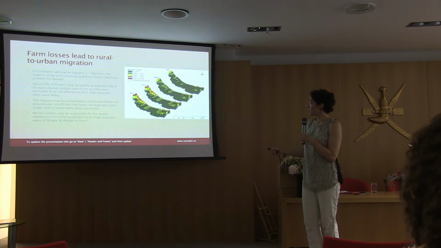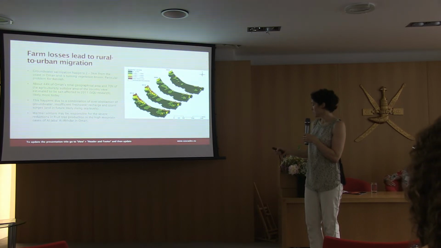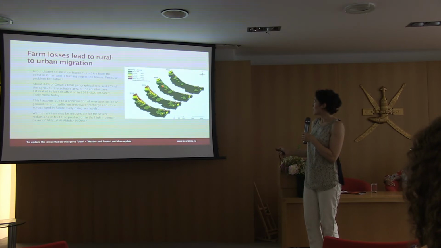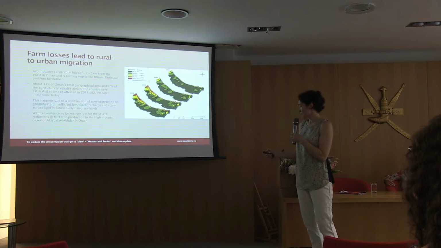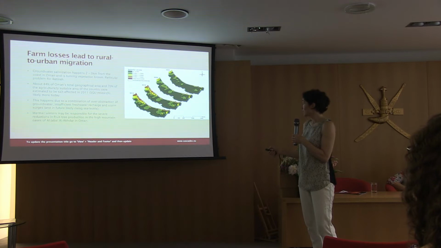Another issue is farm losses leading to rural to urban migration. I put a picture that I took from an academic paper on Batina, showing the salinity of groundwater levels in that region affecting farms, and you can see how that's been increasing. It tends to be happening 2 to 3 kilometers inland, but it can be up to 5.